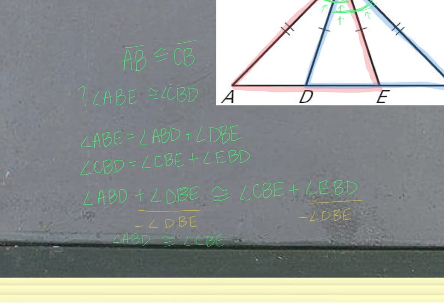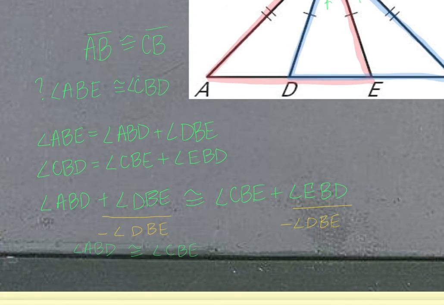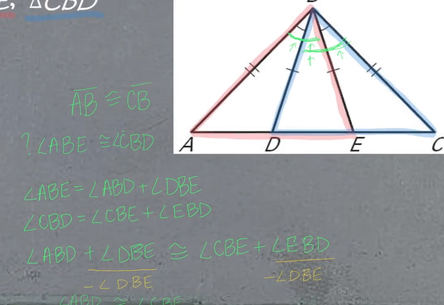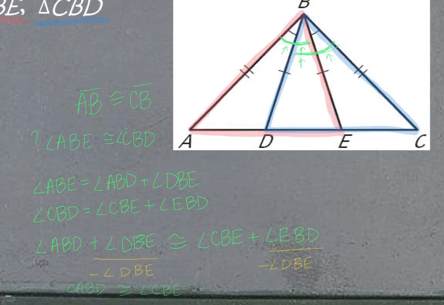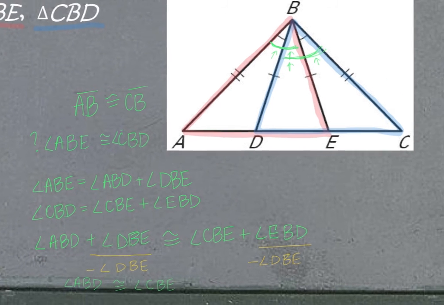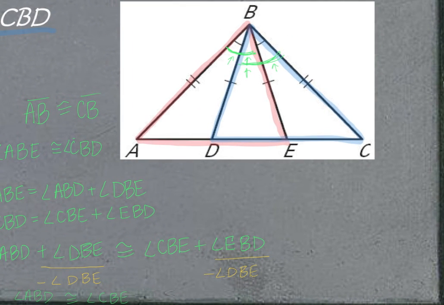And if we look at our diagram, after we write that down, is ABD congruent to CBE? If so, how do we know?